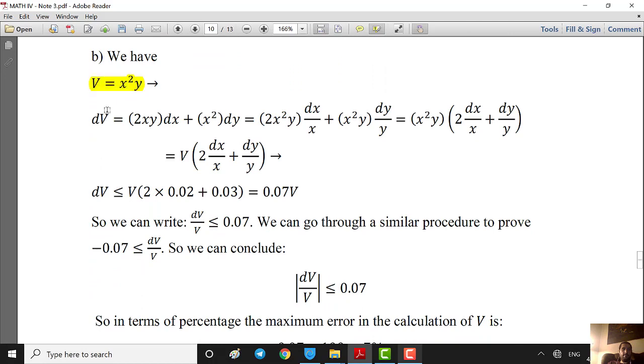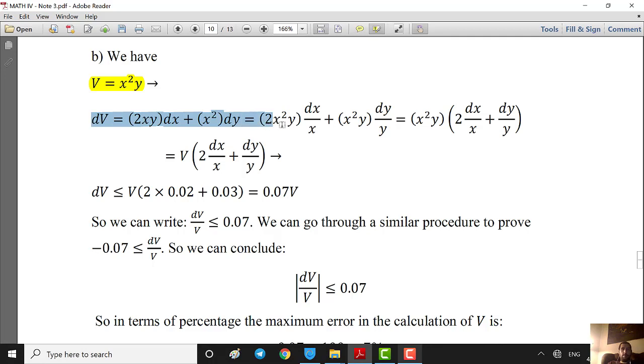So we know that dV, using the total differential formula, is ∂V/∂x times dx, which is 2xy times dx, plus ∂V/∂y dy, which is x² dy. Again, we need to make dx over x and dy over y appear.